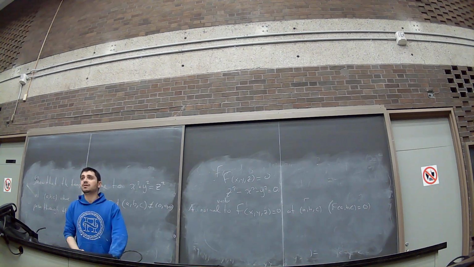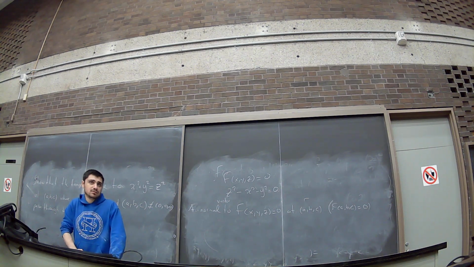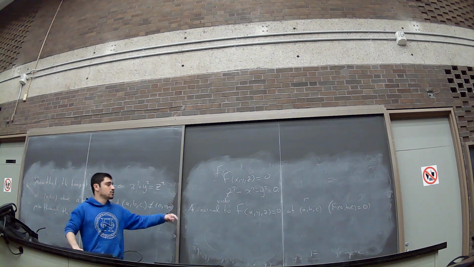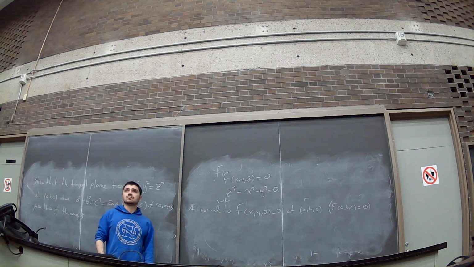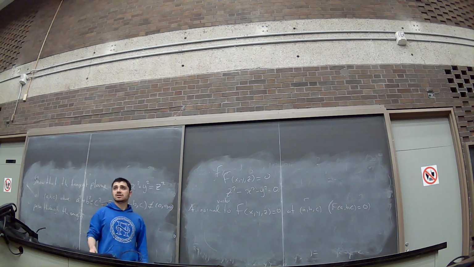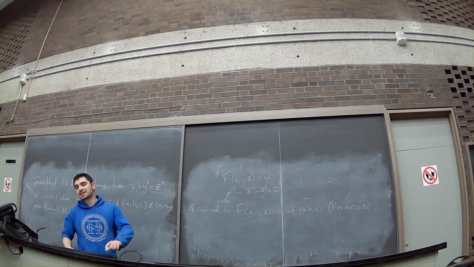What is it? What do I need to take? The derivative of f with respect to the first, second, and third argument, applied at the point (a, b, c), right? What is the normal in that case?